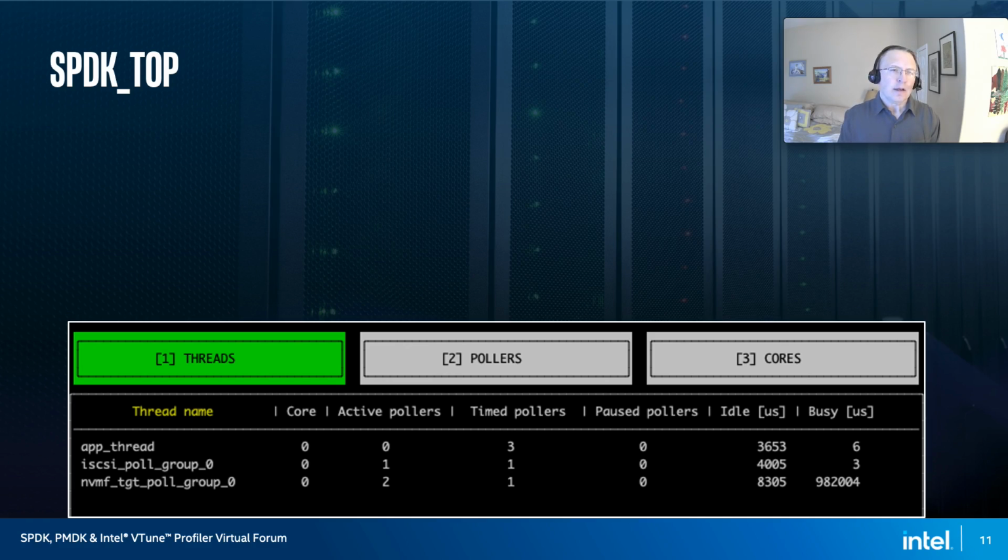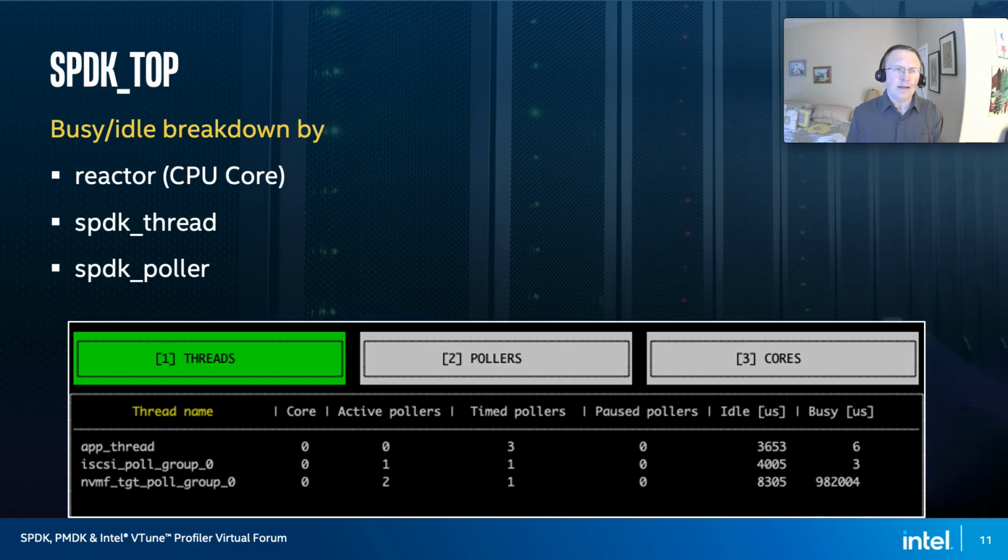And so Maciek Szwed from Intel developed this SPDK top application. It's a terminal-based UI where you can get information on a per core level. We capture busy and idle statistics, so basically you can tell how many of the CPU cycles were spent doing real work, which we would call being busy, versus idle, where it's just polling for more work to do.